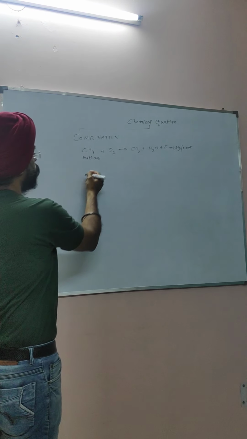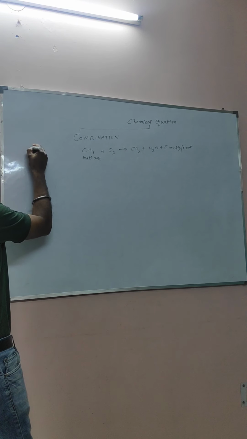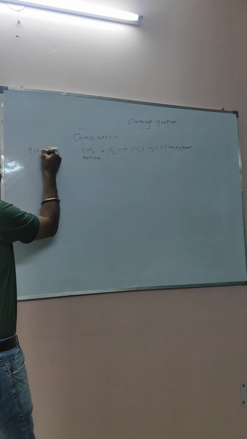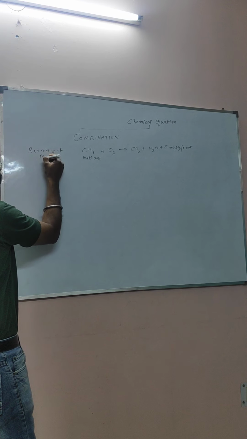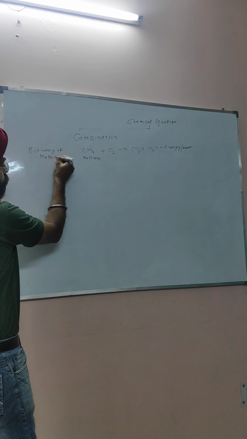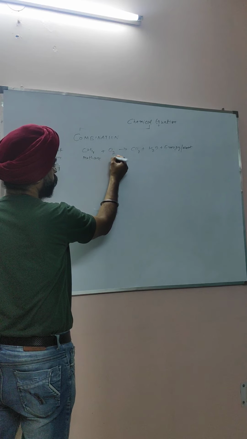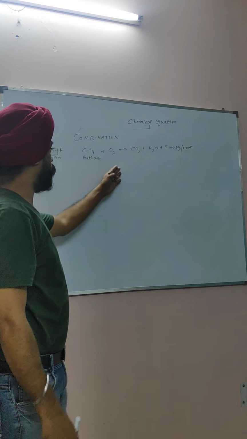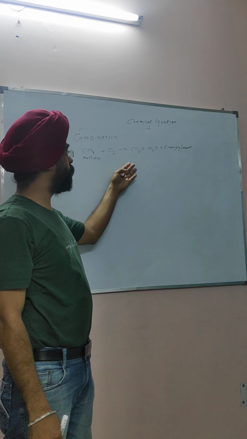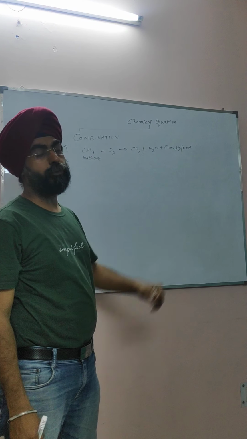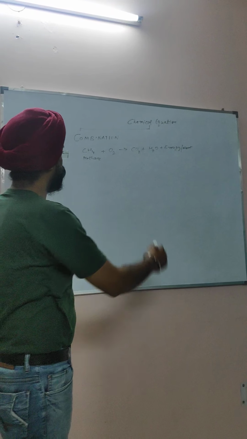This is the burning of methane. Here is methane gas and oxygen gas. Oxygen supports the methane in getting burned, and carbon dioxide and water are the products.